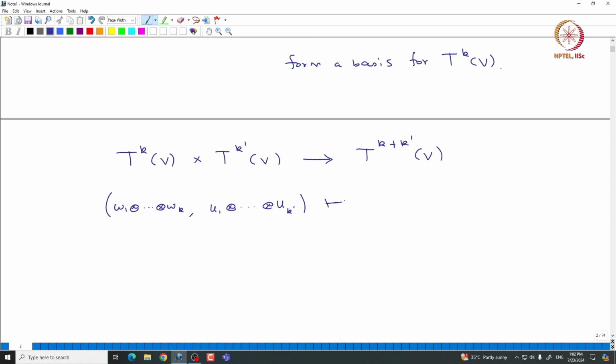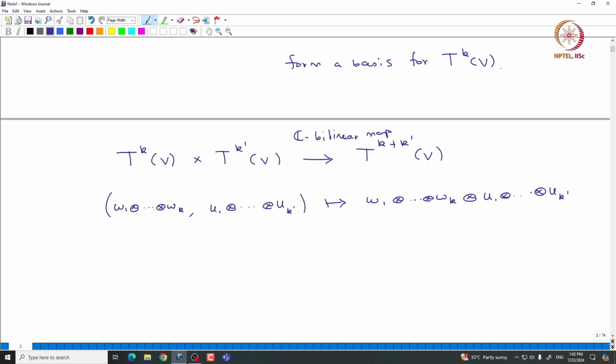Then this is mapped to W1 tensor etc. Wk tensor U1 tensor etc. Uk'. So, there is this bilinear map. This is indeed a C-bilinear map that is defined between these spaces.